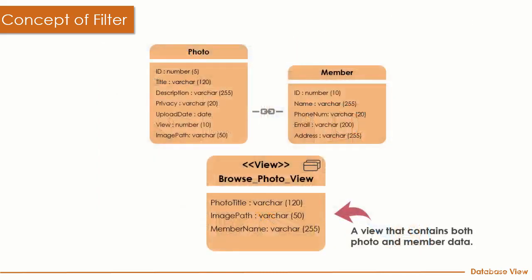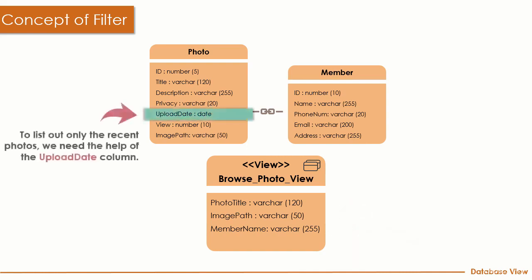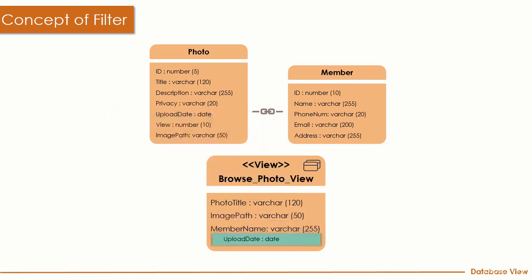So we base on the browse photo view to enhance it to support the recent photo. You can see we have the upload date stored in the photo entity, which shows when you uploaded the photo. And then we can add this upload date to the browse photo view and add the filter to filter only the photos you uploaded within 5 days. Let's see how it works.